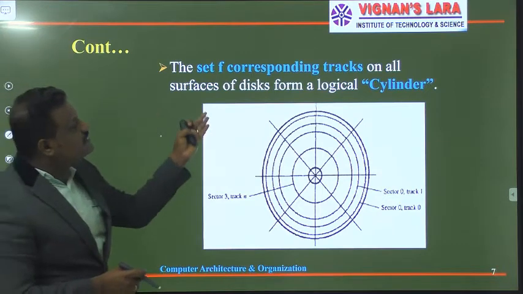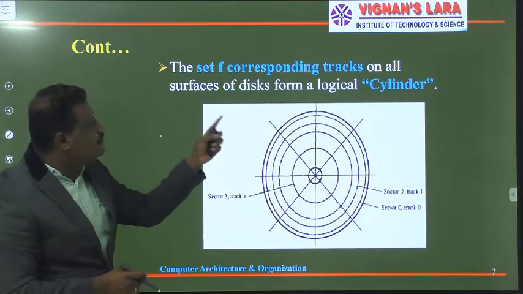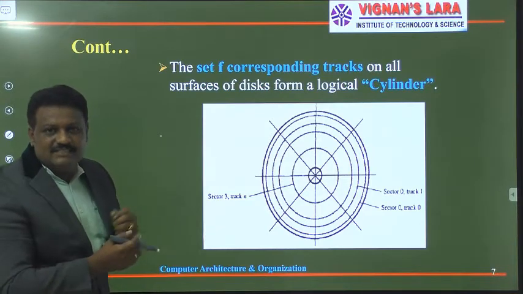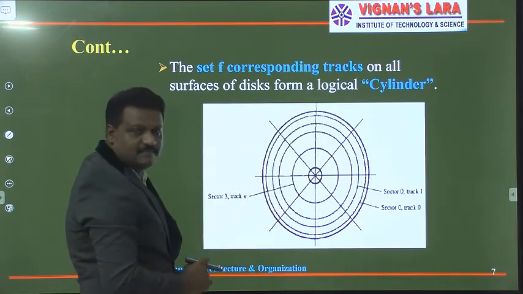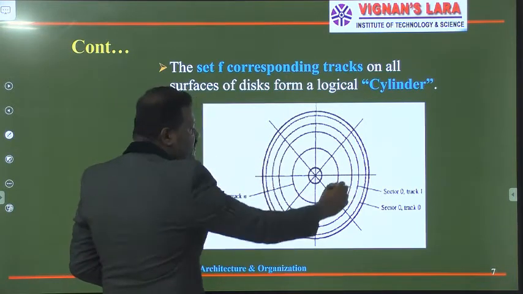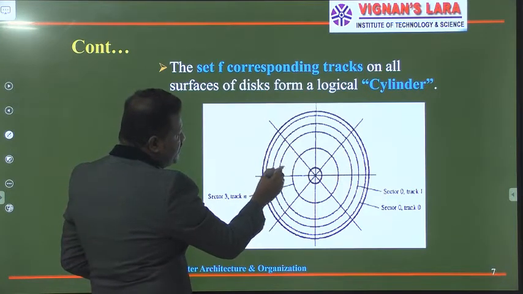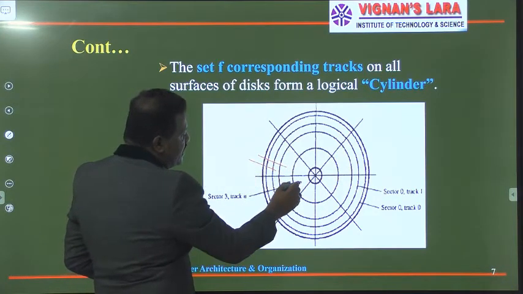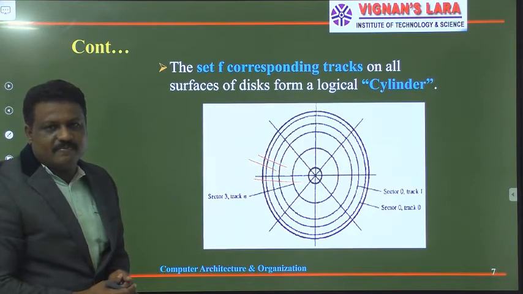The set of corresponding tracks on all surfaces of the disk forms a logical cylinder. See here, friends, this is your disk. On this I have concentric circles. This is my track, and this is my track, and this is my track. All these we consider tracks.